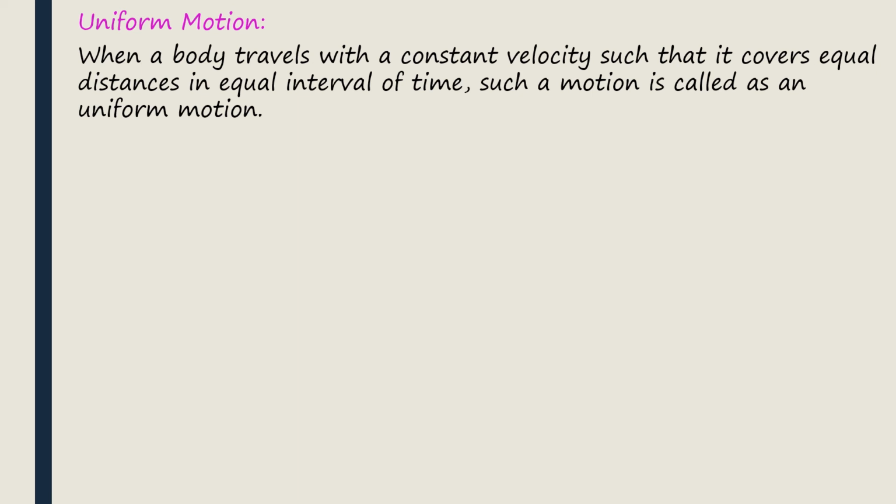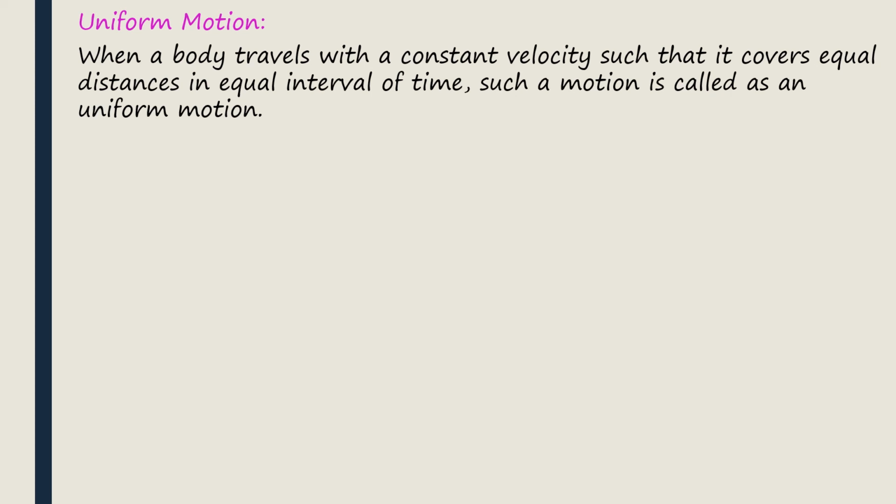Okay, so एउटा body, okay, there is one body and it is traveling with a constant velocity. Okay, constant velocity भन्नुको मतलब the velocity is not changing, there is no change in the speed.